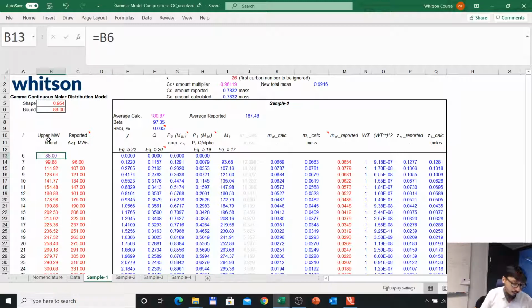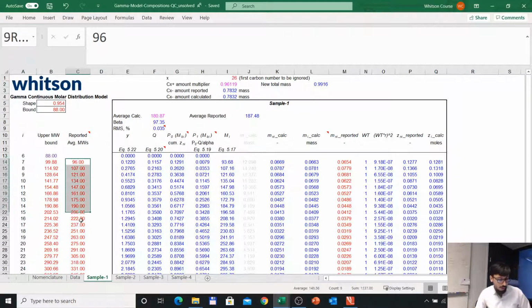We have defined in Excel, when you're trying to use the gamma distribution model, that you need to define upper boundaries and not the lower boundaries, but it's the same thing. Lower boundaries can be the upper boundaries for the components. For example, the lower boundary of C7 is the upper boundary of C6. So it's the same thing. And then you have reported average molecular weights.